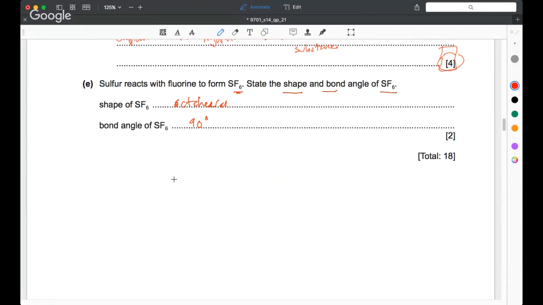Well, why is that? Let me just draw it out. They haven't asked for it here, but it's important. You've got a central atom, and then around the central atom, you've got these two fluorine atoms. They're called axial. And then, well, if you had to draw it, sometimes when they ask you to draw these, you've got to make sure that you're drawing these wedges coming out of the plane of the paper and going behind the plane of the paper.